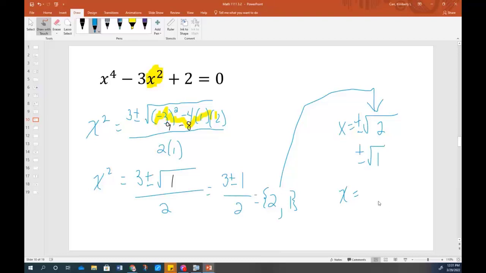Of course, the square root of 2 doesn't really simplify, so we have the positive square root of 2, the negative square root of 2, and then the square root of 1 does simplify, so we have positive 1 and negative 1. So what you can see here is that we actually have 4 answers, not just the 2. This was quadratic in form, and then we had to finish it up by taking a square root.